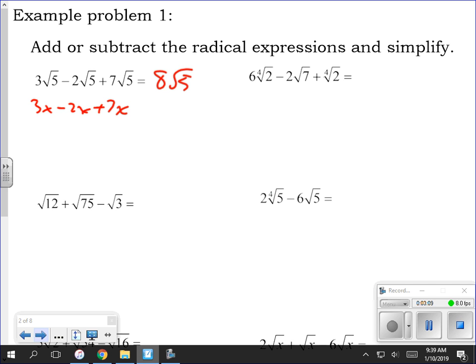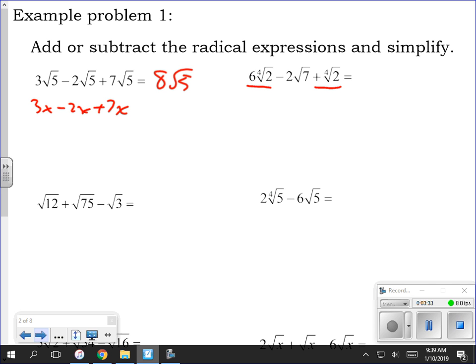So I look at the next one. 6 fourth root of 2 minus 2 root 7 plus 1 fourth root of 2. Remember, we're lazy. We don't put a 1 in front if we have 1 of something. Same concept. If this was 6x minus 2y plus x, you could do that. Same idea. I combine the like ones. My like radicals are these two here.